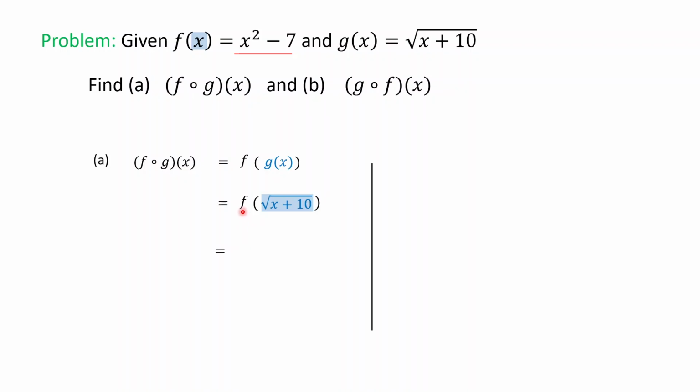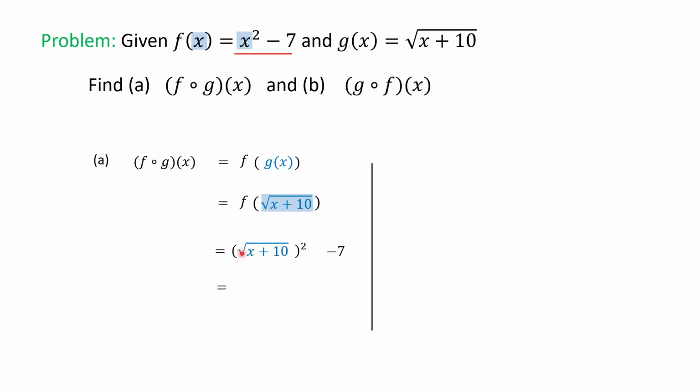To find f of this, you need to substitute this for x. So this is equal to, this x is this, square root of x plus 10. Now there is a square here, you put that, put parenthesis and the square, then negative 7.